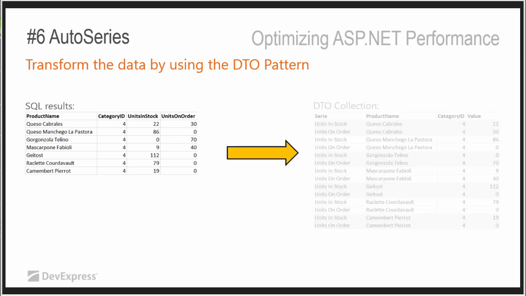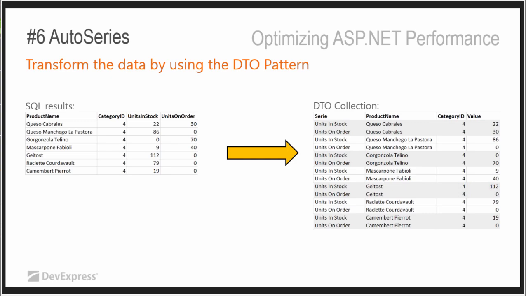So I'm going to set up a DTO pattern, and I'm going to use that object data source, and what you'll see is that I will transform the data which was in 4 columns into 4 other columns, and every product name will be there twice, but the series column is new, and that is something that we can use for the AutoSeries feature, because then the chart will know how to pick any of the items.